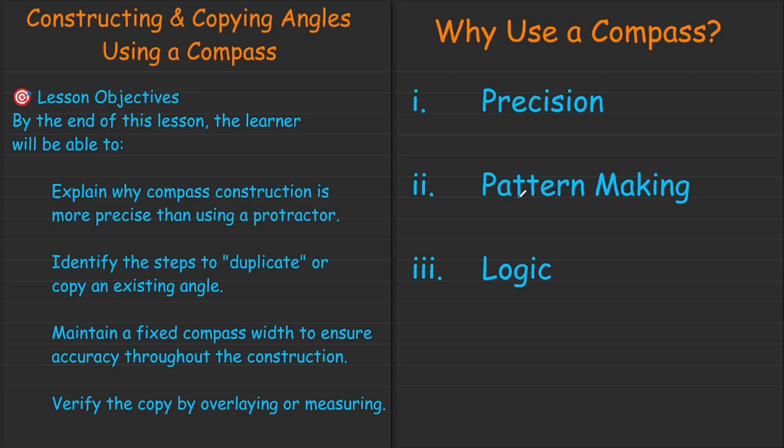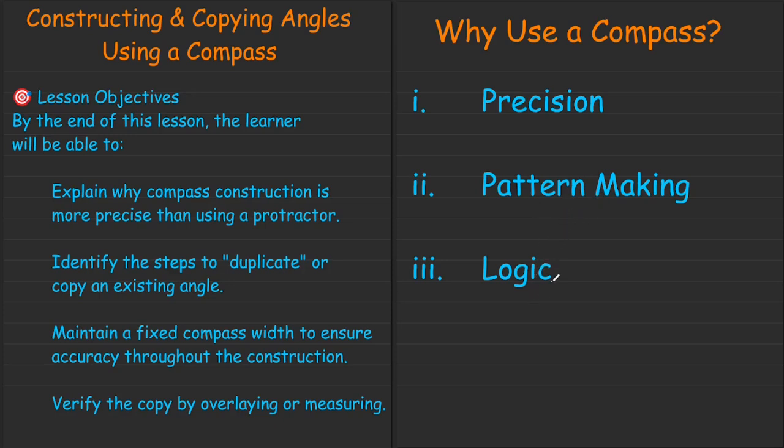Now, the second one is if you want to make patterns. So you need to draw about 100 angles, and you want to make sure they all look the same and form a particular pattern. I'll tell you that copying with the compass is far faster than using the protractor.